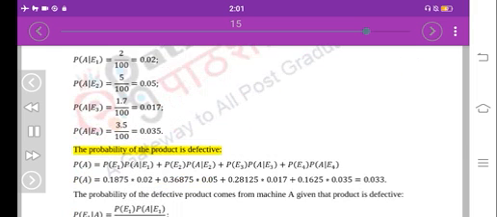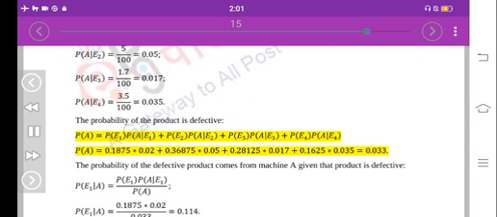The probability of the product is defective. P(A) equals P(E1)P(A|E1) plus P(E2)P(A|E2) plus P(E3)P(A|E3) plus P(E4)P(A|E4). P(A) equals 0.1875 times 0.02 plus 0.36875 times 0.05 plus 0.28125 times 0.017 plus 0.1625 times 0.035 equals 0.033.